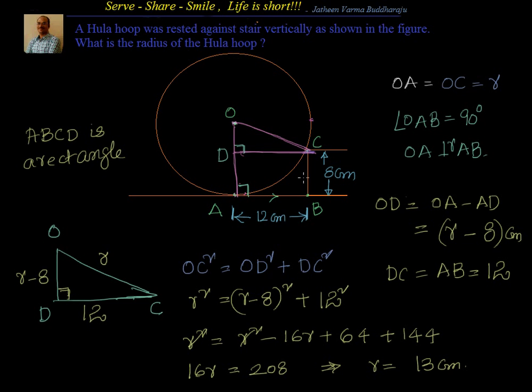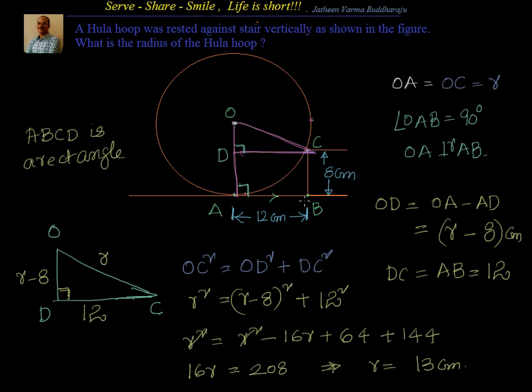Whenever we have to solve problems like this, we have to look into what are the inputs given to us and what are the hints or tools which we can use. Now if you look at this example, when we started we have only O the center, A the point of contact, and C another point.